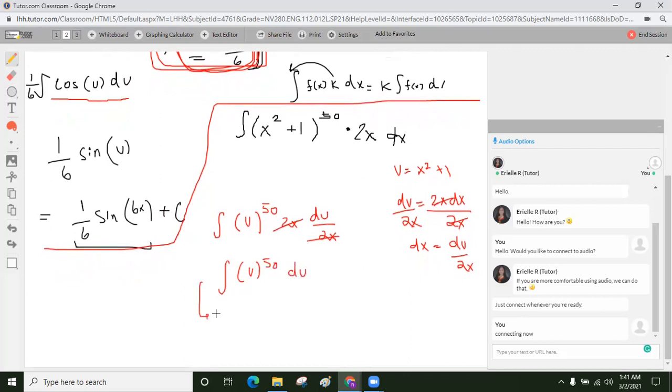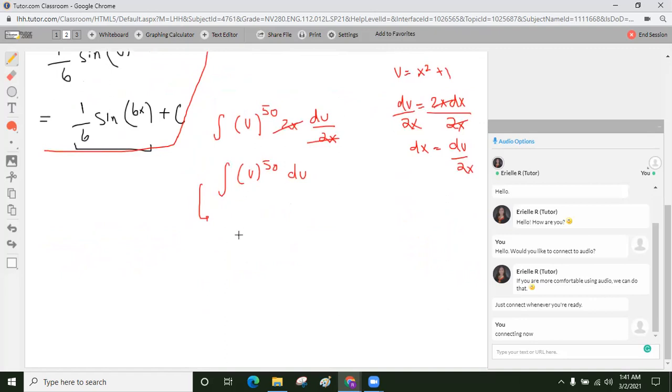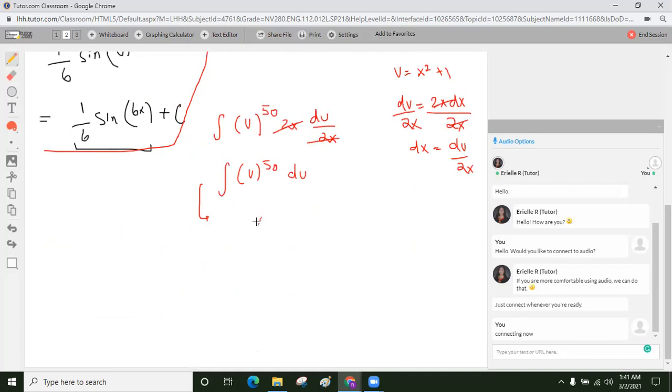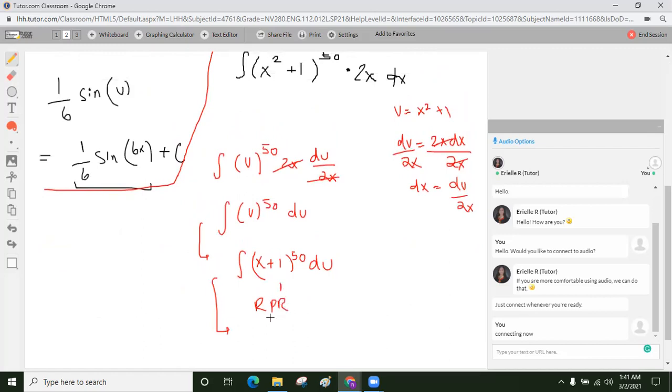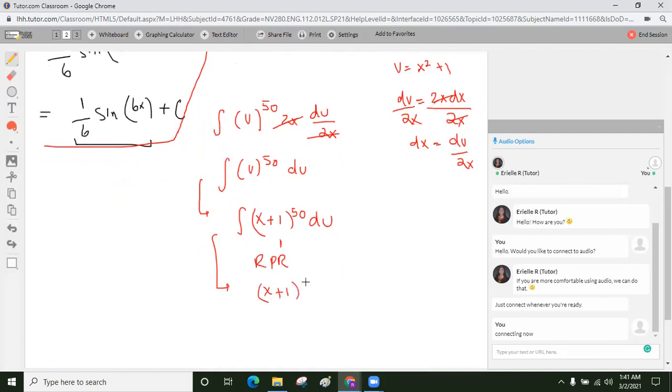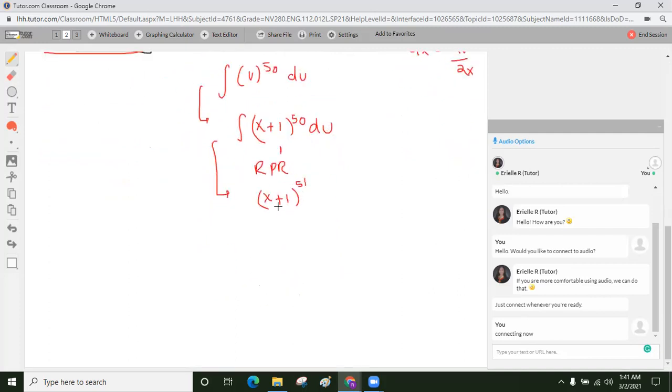And then once we take the integral, we can just say that we have (x squared plus 1) to the 50th power, which if we do reverse power rule, that would just be (x squared plus 1) to the 51st power, all over 51.